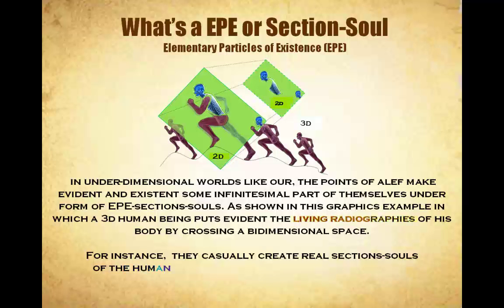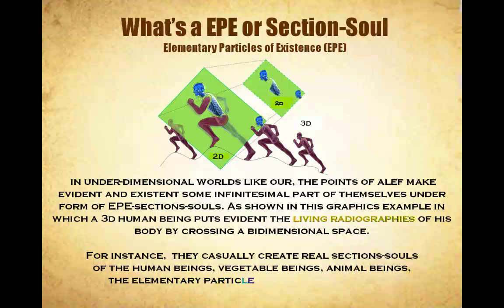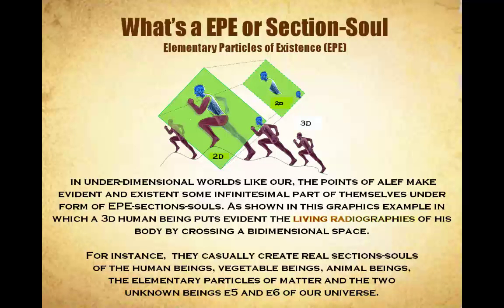For instance, they casually create real section souls of human beings, vegetable beings, animal beings, the elementary particles of matter, and the two unknown beings E5 and E6 of our universe.